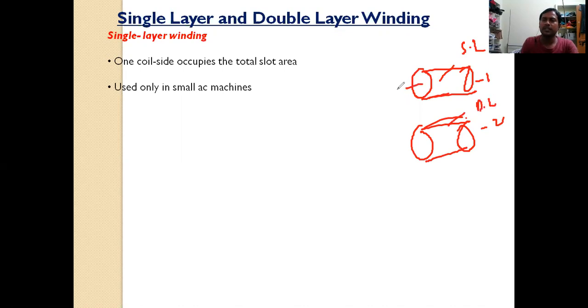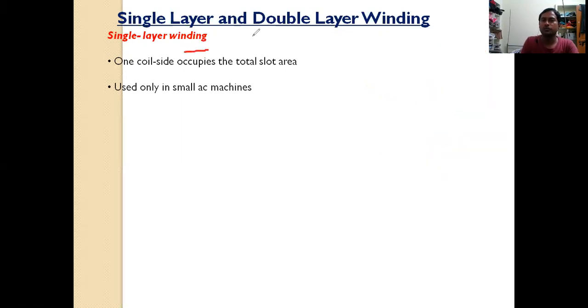With the same size, the single layer machine may be 2 HP, but the other may be 4 HP, because if you use multiple windings in the same machine, it has higher capacity. So this has low capacity. That's why single layer winding is used for small machines. In all small AC machines, single layer winding is used.